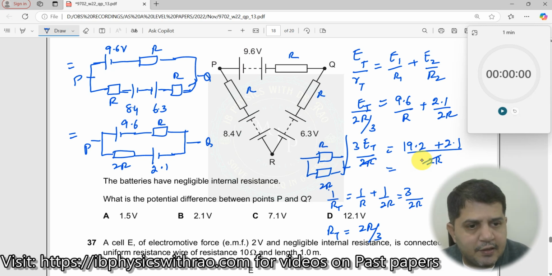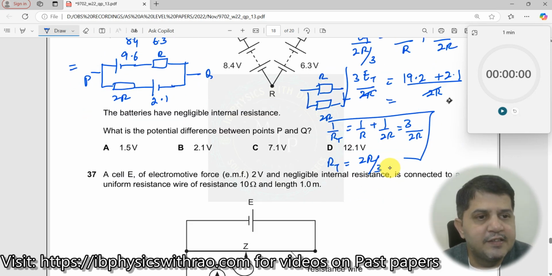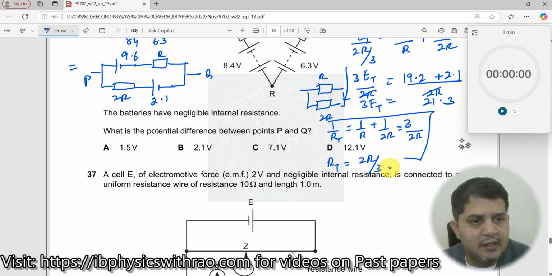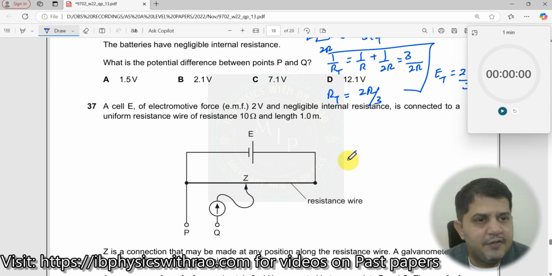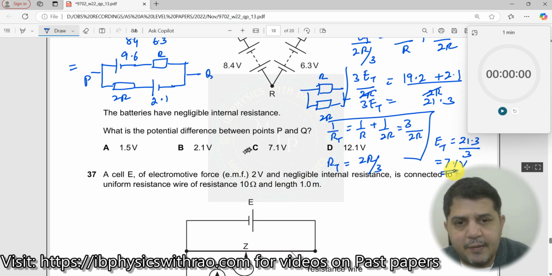So 3 E total is equal to 19.2 plus 2.1, which is 21.3. E total is then equal to 21.3 divided by 3, which is 7.1 volt. That is the right answer, 7.1 volt, and that is option C.